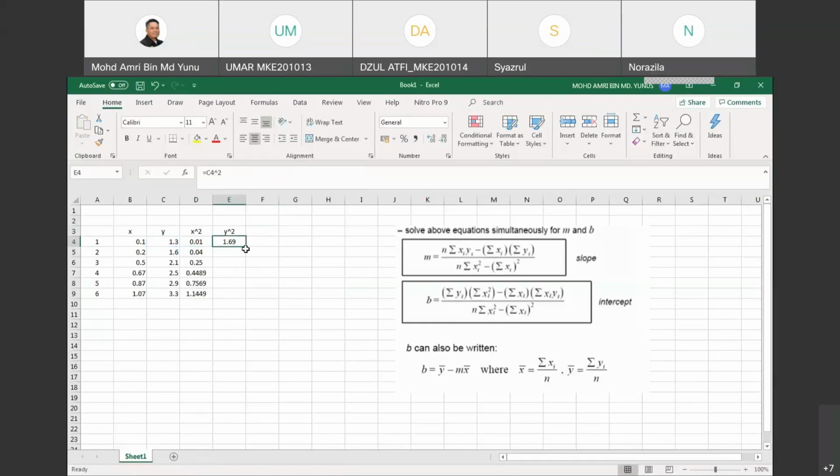This is the value of y squared. And what's next? x multiplied with y. So that's the value. N is basically 6.